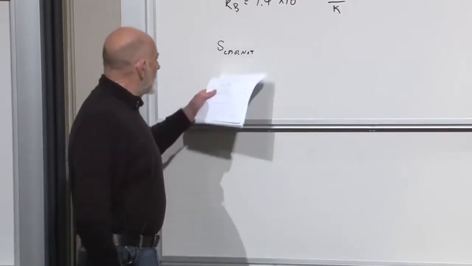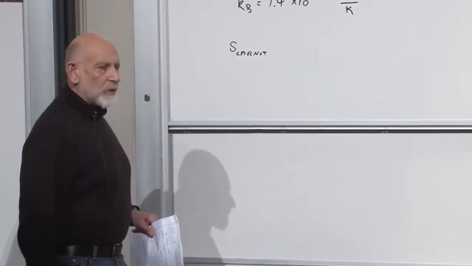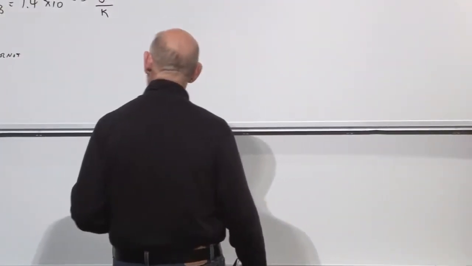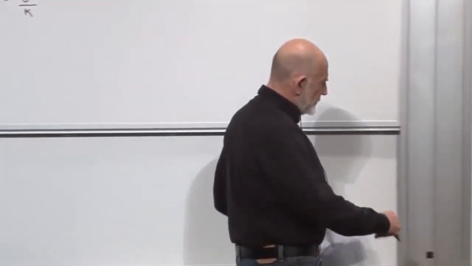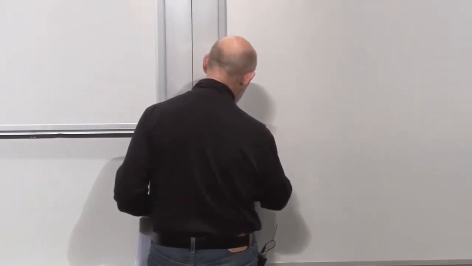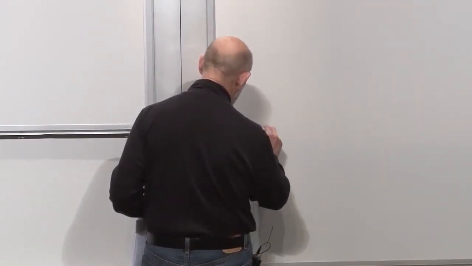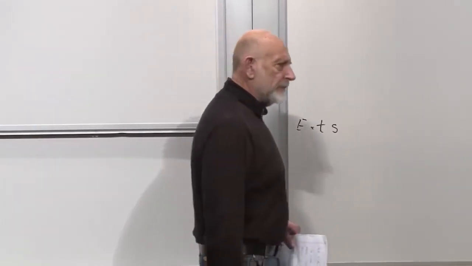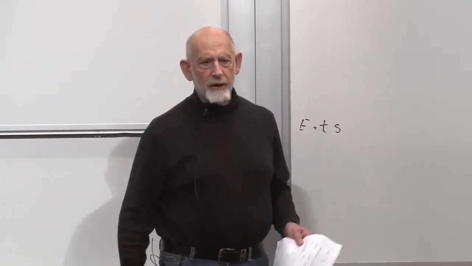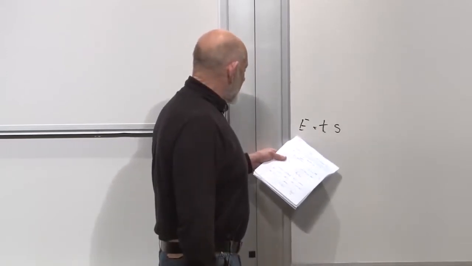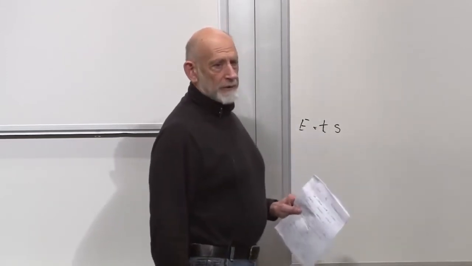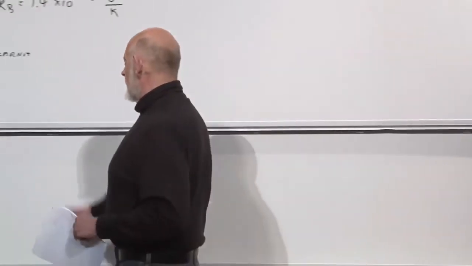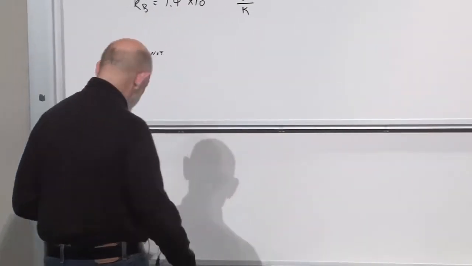So Sadi Carnot had a quantity which he called entropy. What are its units? It's energy divided by temperature, but if temperature is measured in Kelvin, then it's joules per Kelvin. Joules per Kelvin was Carnot's unit of entropy.